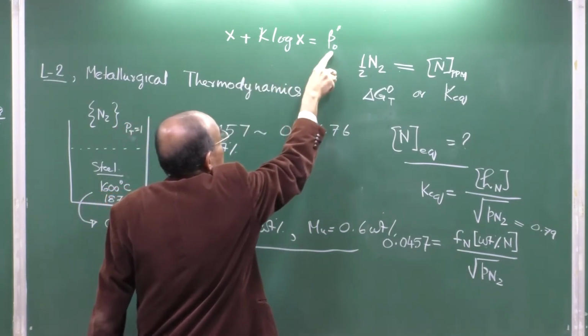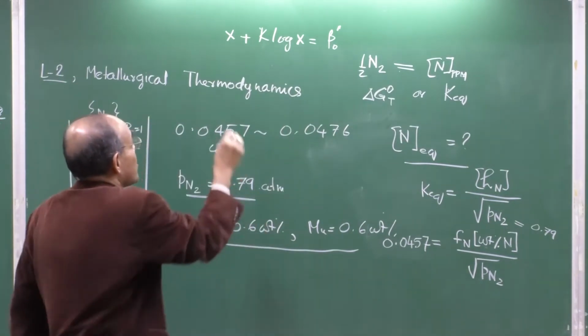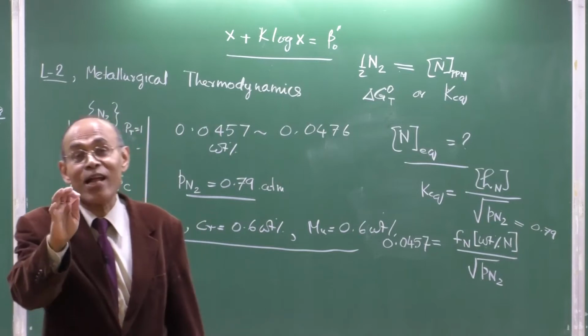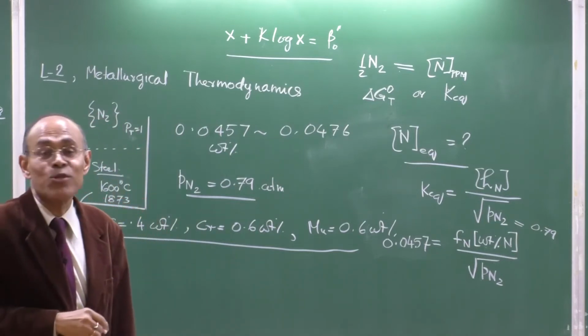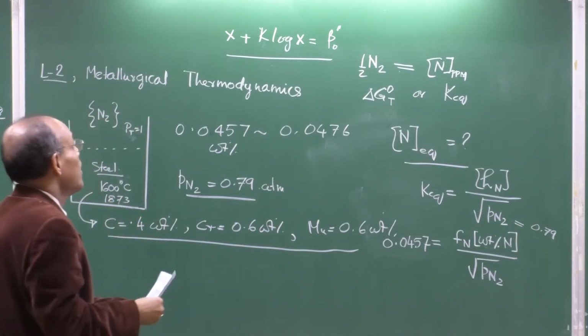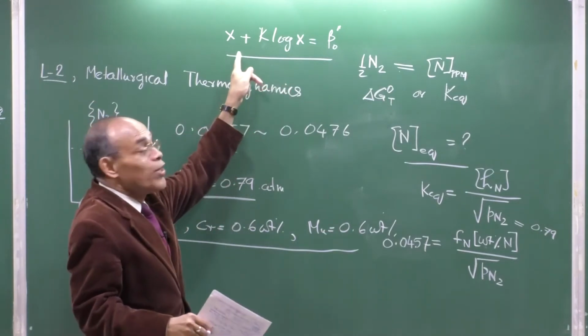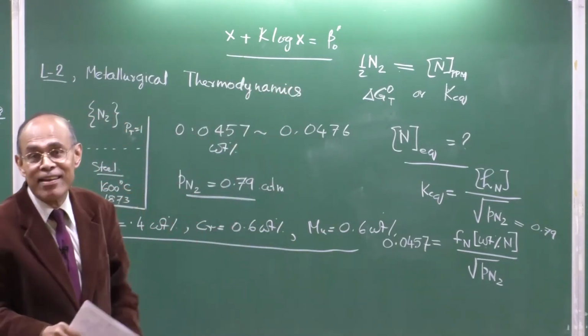This sort of an equation you also encounter in thermodynamic calculations dealing with composition determination, and you cannot solve it by analytical means; you have to solve it by trial and error.